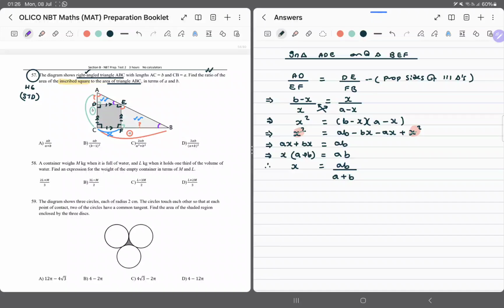All right, okay, all right. So we can say here then, we want the ratio, right? So we can say area of square, because that's what we want, divided by area of triangle is going to be, now remember, this is side squared.